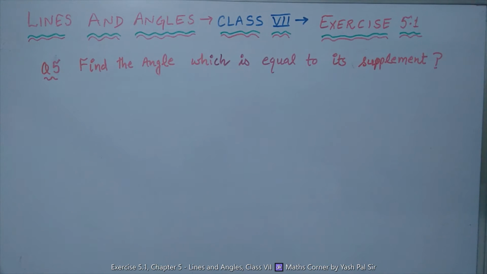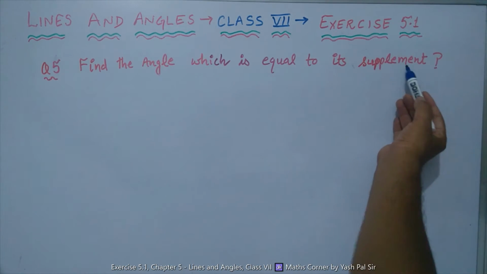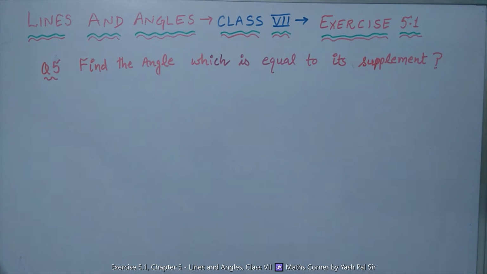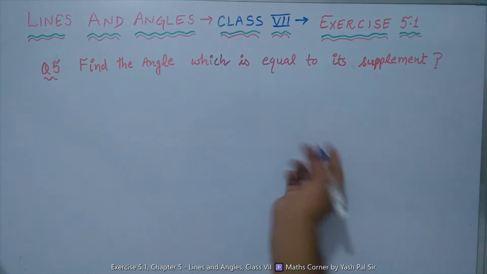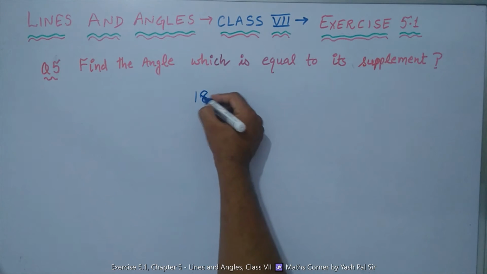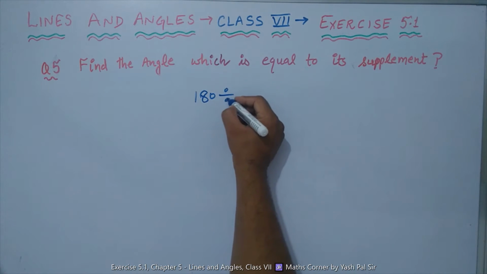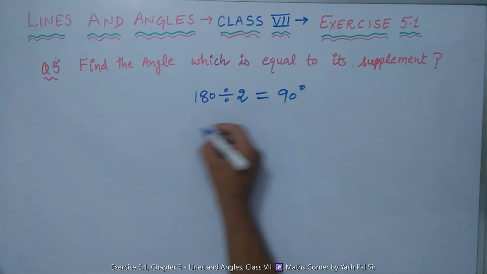Similarly, we have question number 5 also. Find the angle which is equal to its supplement. Now what do we know about supplementary angles? Supplementary angles mean the sum of two angles is equal to 180 degrees. So here we divide 180 degrees by 2. The answer is 90 degrees.